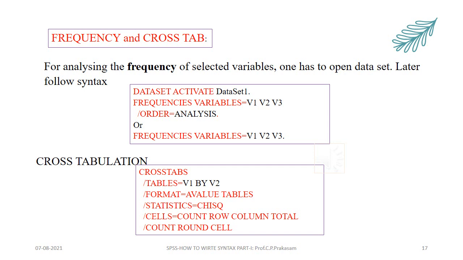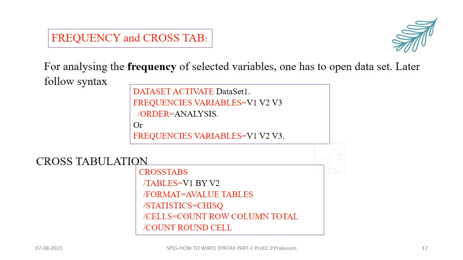Suppose you want to calculate the frequency of selected variables. First of all, we have to open the dataset, either the existing data or a new file where the data exists. Then DATASET ACTIVATE, dataset number 1, you can give; the black part is given and the red part we have to type.